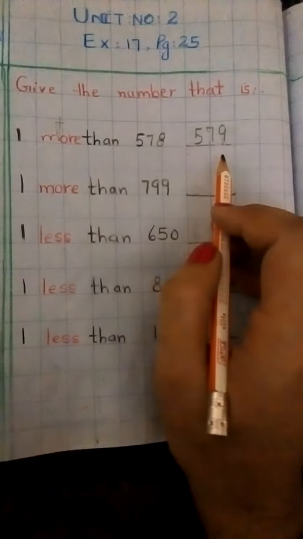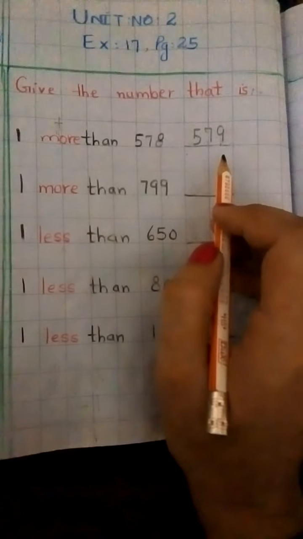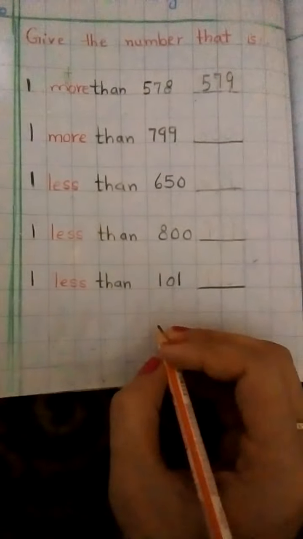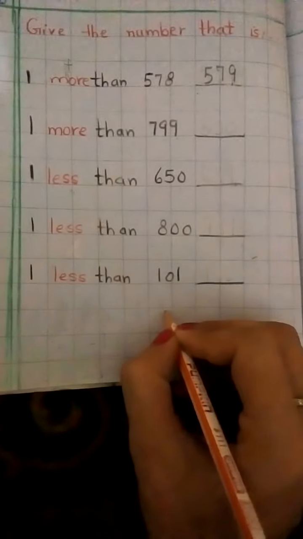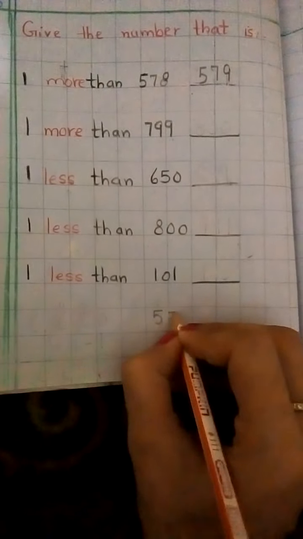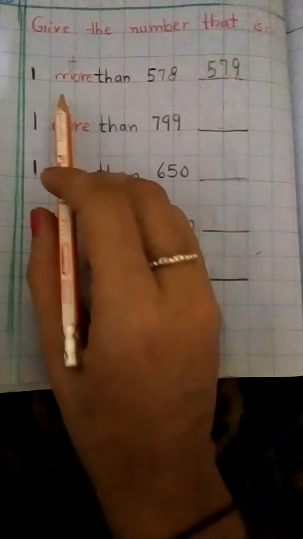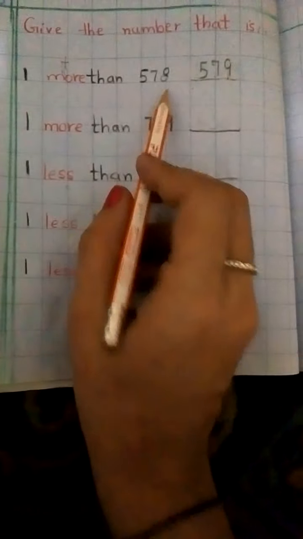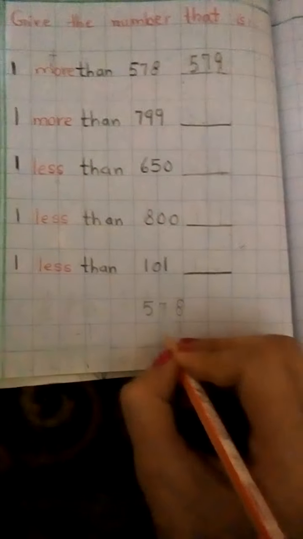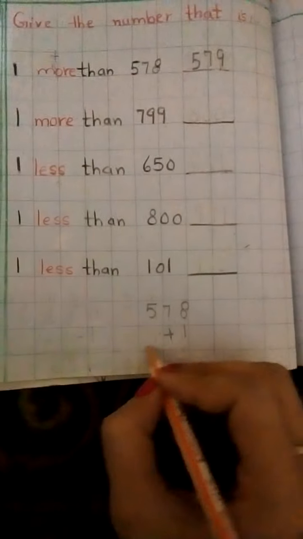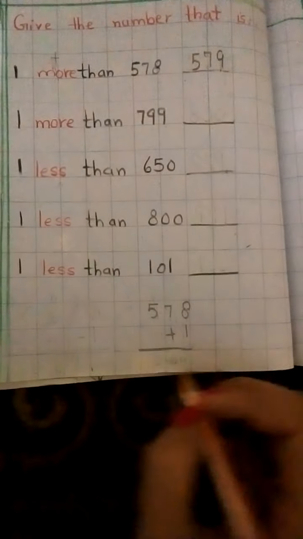Now I am telling you another method. You can do this directly or you can do this by using this method. Here I am writing 578, so you have to add one more number. So you have to put the plus sign here.